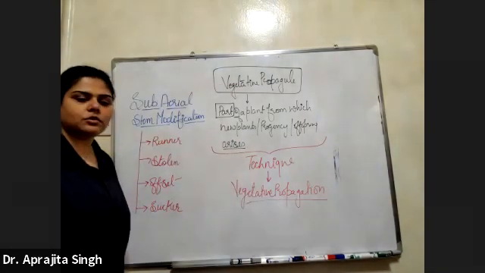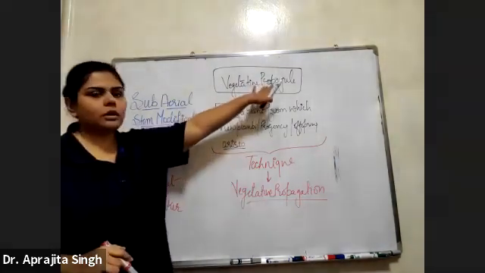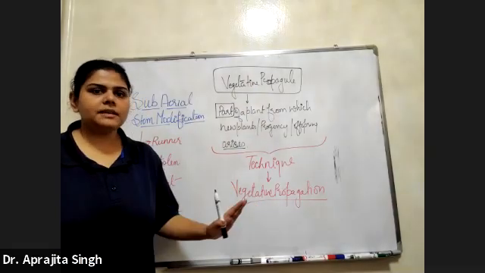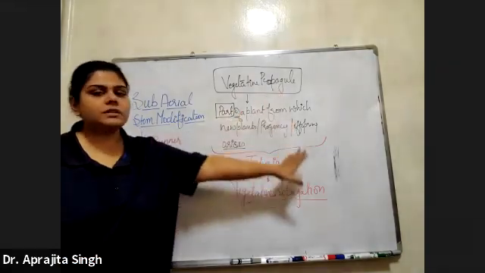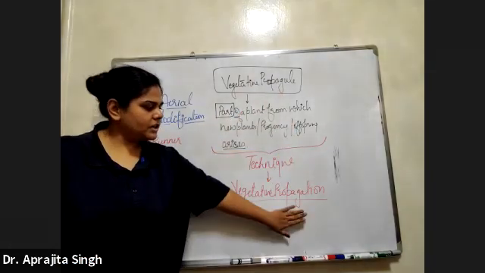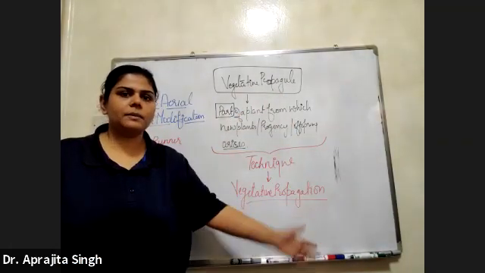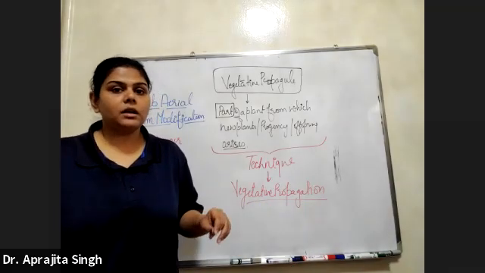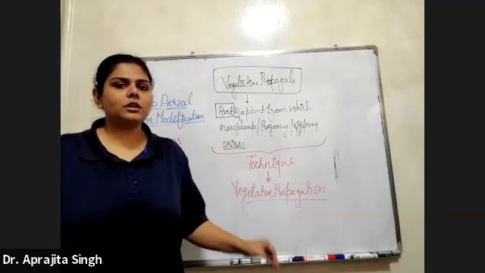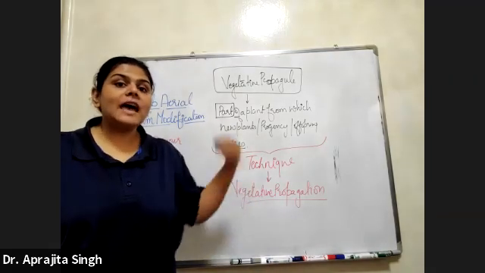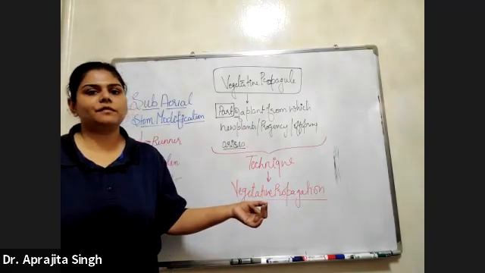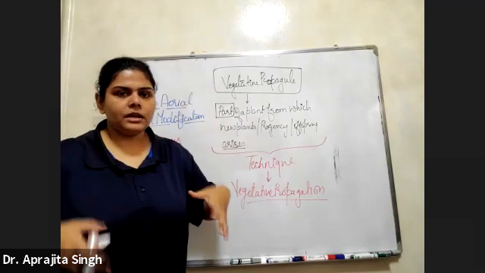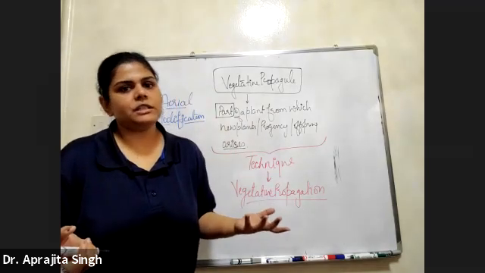Is this point clear to you? What is propagule and what is propagation? Please, students, let me know if these big words are clear. Propagation is a technique by which the plant generates its progeny without any sexual reproduction. But the propagule is the organ or the part of the plant which is actually involved in generating that specific progeny. For example, I am the plant. I can reproduce with vegetative propagation.